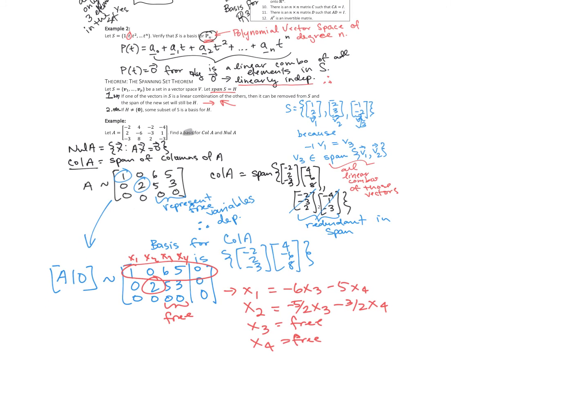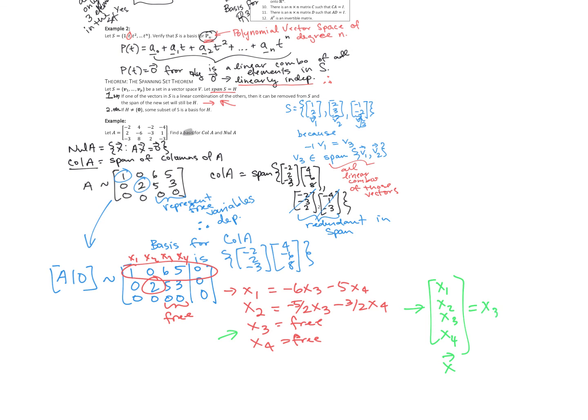Free and clear. Now, we want to put this in parametric vector form because the null space is all of the vectors that make up the solutions to Ax equals 0. So x1, x2, x3, x4, or in other words, every single x vector can be defined using just our x3 and x4 variables.